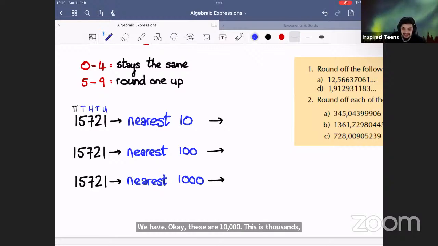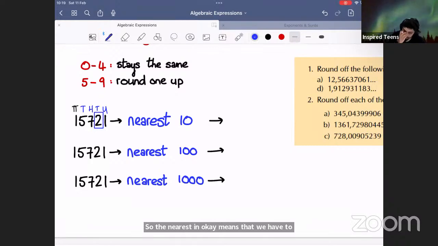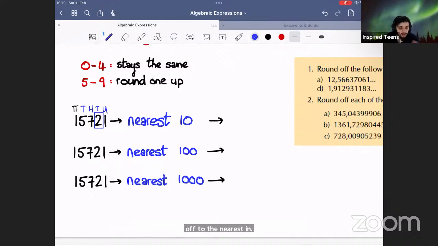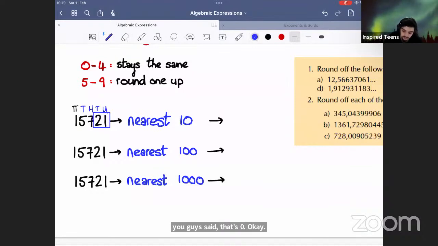So the nearest 10 means that we have to round it off to the nearest 10. So 2 is actually going to be our last number. It's either going to change to 3 or it's going to remain as 0. The 2 represents 20, so to the nearest 10 it is either going to become 20 or it's going to become 30.